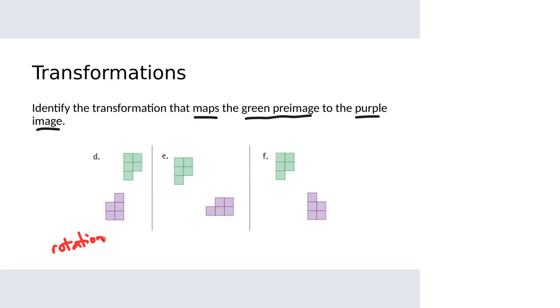How about E? What is it we're going to do to get from green to pink in E? This one's similar to one we saw earlier today. I like the reflection, Brianna, but I'm not sure about horizontal.